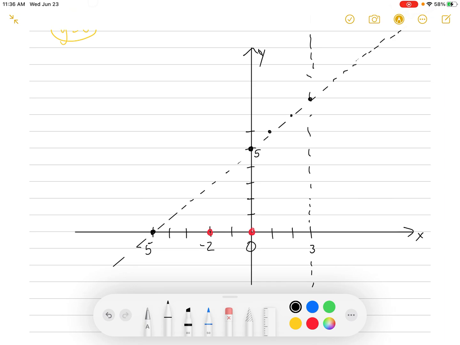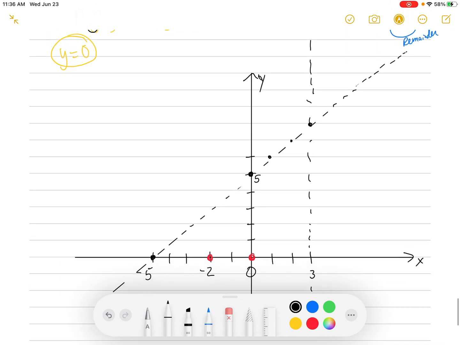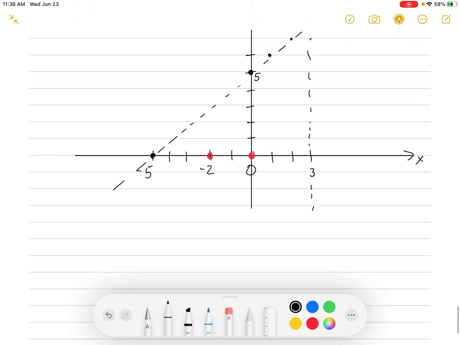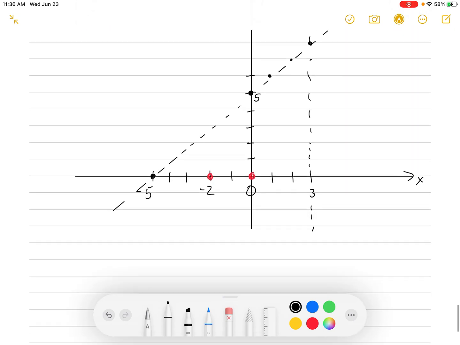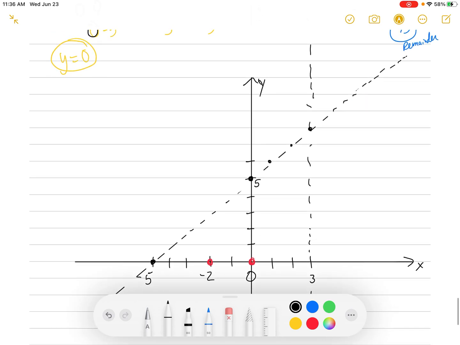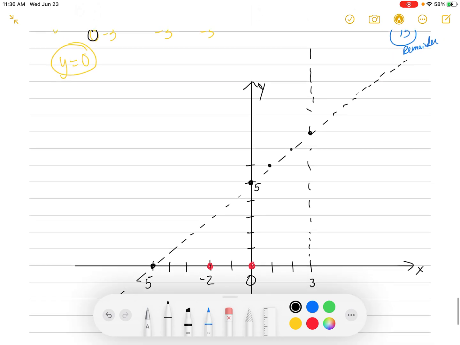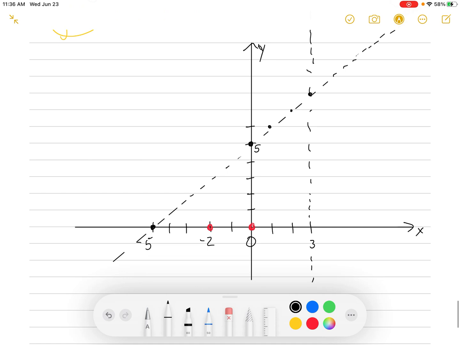I have my 2 x-intercepts at 0 and negative 2. I have my y-intercept at y equals 0. I have my slant asymptote, y equals x plus 5. It's that diagonal line.